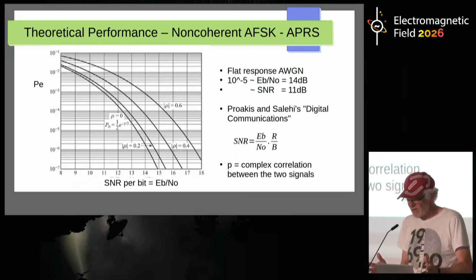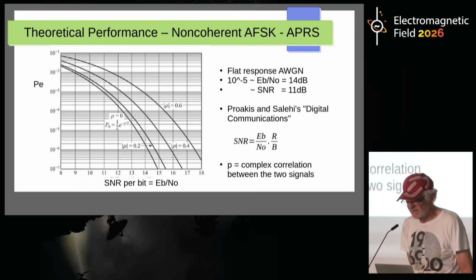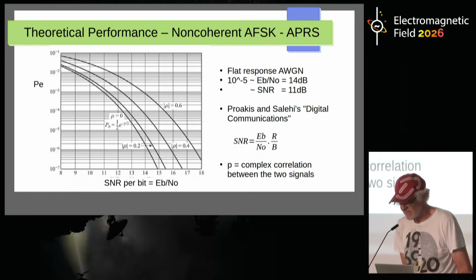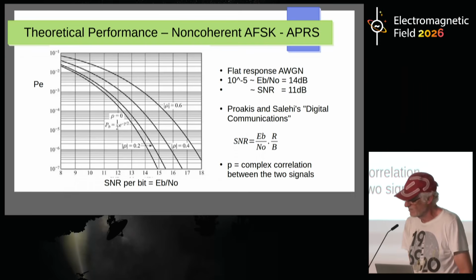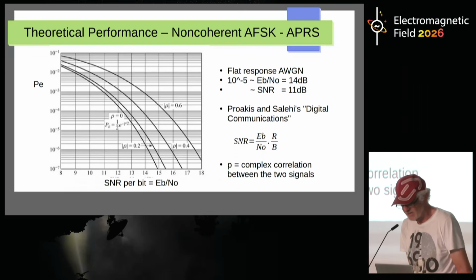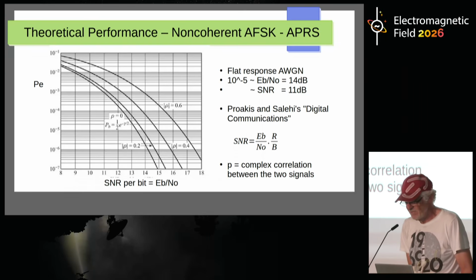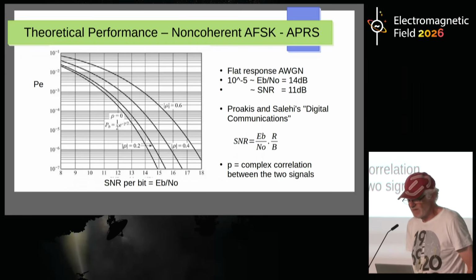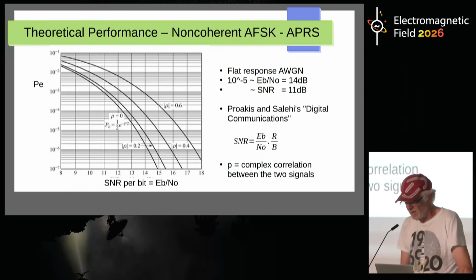So the only real comparison you can make is to use the energy per bit to the noise power spectral density, which is a dimensionless quantity. If you really want the signal-to-noise ratio, you've got to multiply that by the data rate, R, and divide it by the bandwidth.